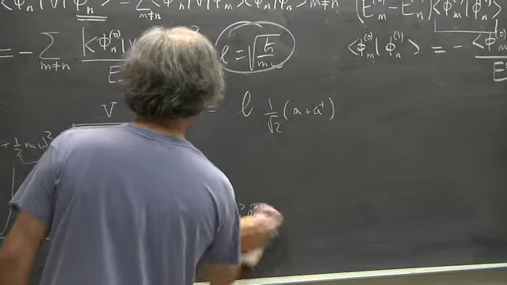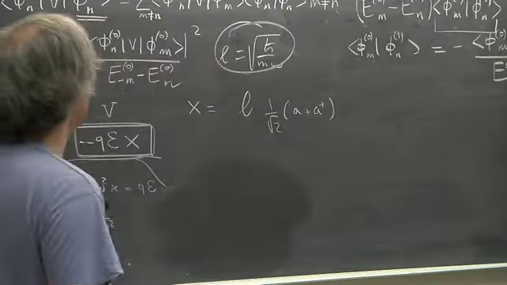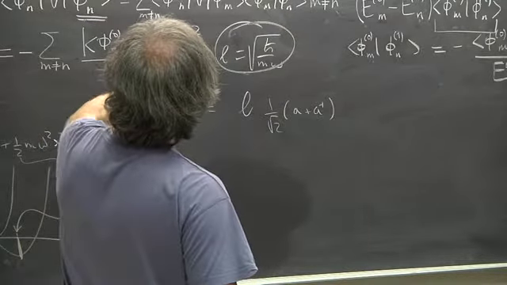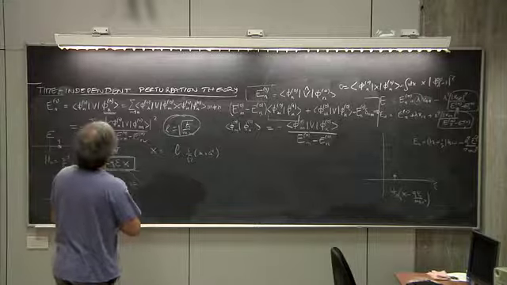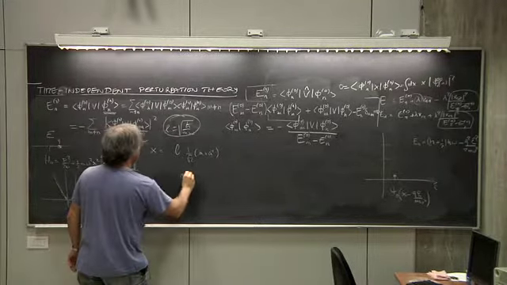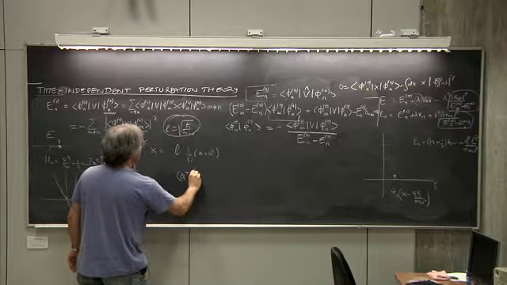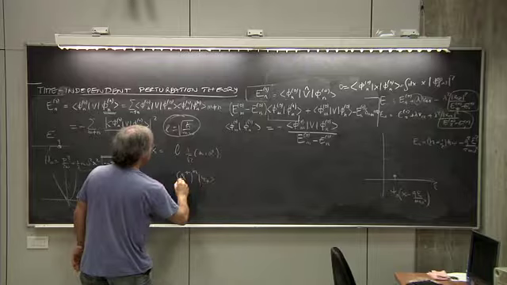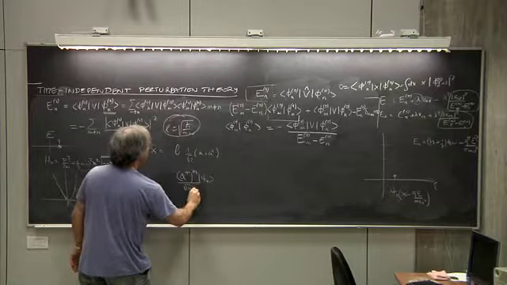Now the other elements that I have to calculate are these, but I know that these are states, the famous states with a dagger to the power m applied to the ground state divided by square root of m factorial.